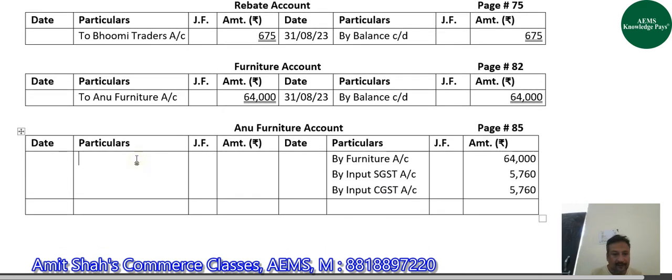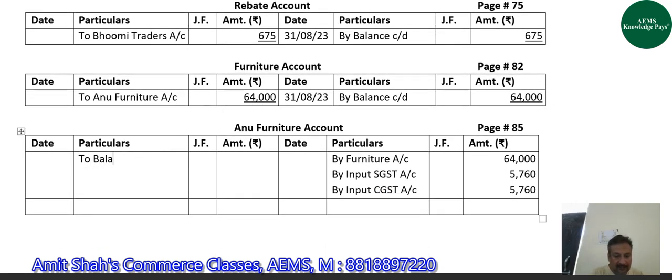And lastly, a new furniture account, which has credit balance. It means it is our creditor because we yet have to pay money to a new furniture account, right? And that is 69 and 74, 75,520.